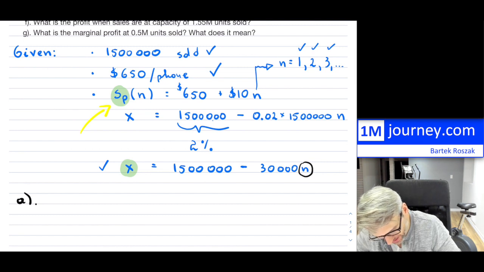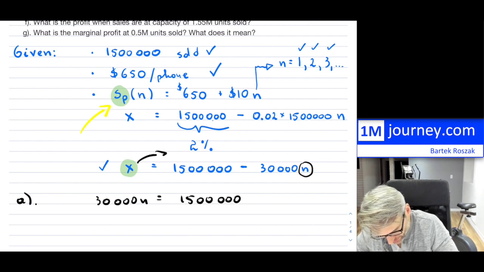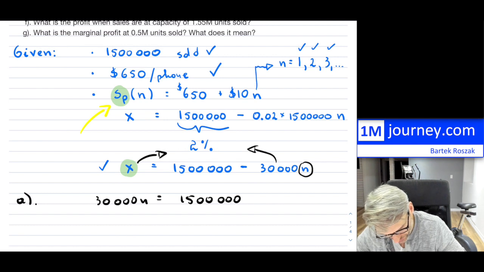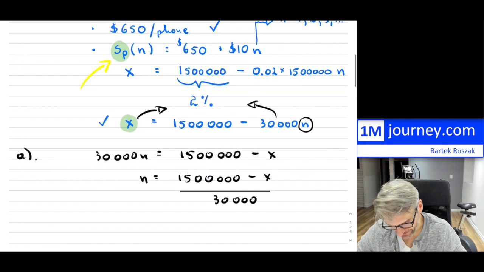So the 30,000 I'll bring over to this side and do the opposite. This x I'll bring over to that side. So n is equal to 1500 minus x, all over 30,000. Okay, it's a little bit annoying, but so be it.